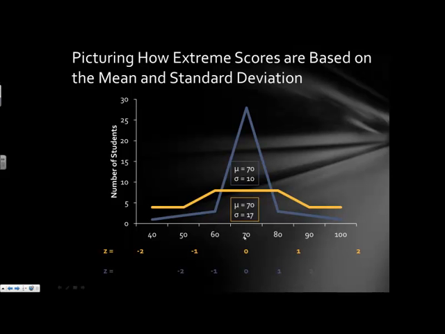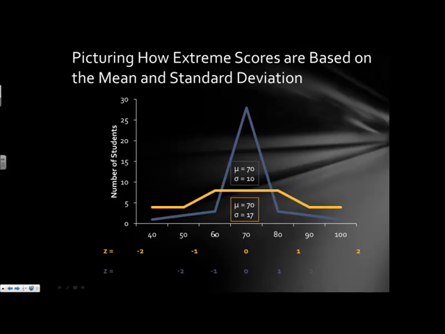A score of 70 is still 0 standard deviations away from the mean, so the z-score would be 0. But now let's look at 1 standard deviation above the mean, a z-score of 1. Well, 70 plus 1 standard deviation of 10 is 80. So if you had a score of 80 in this distribution, then your z-score would be 1.